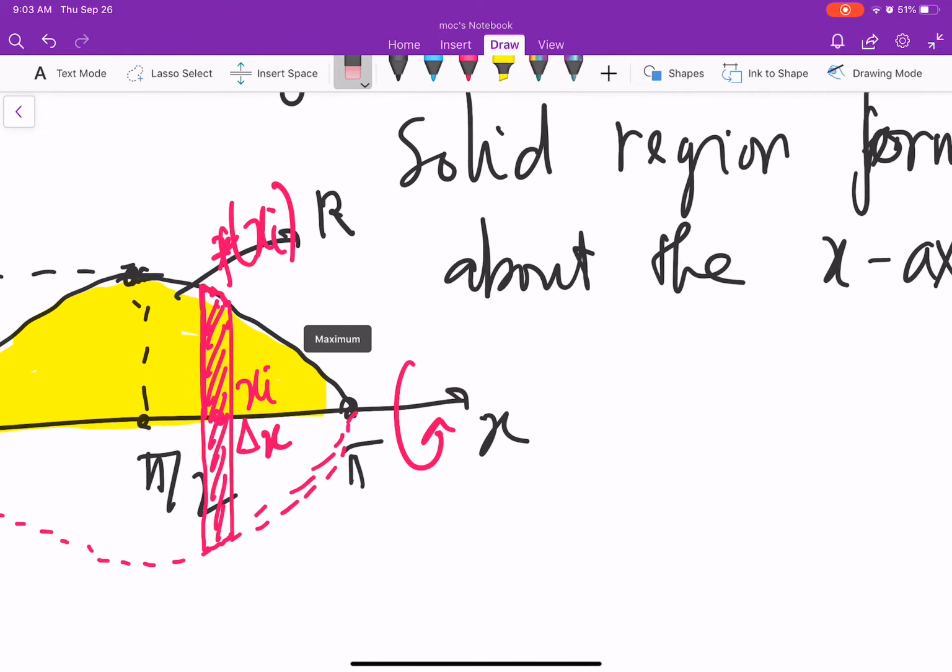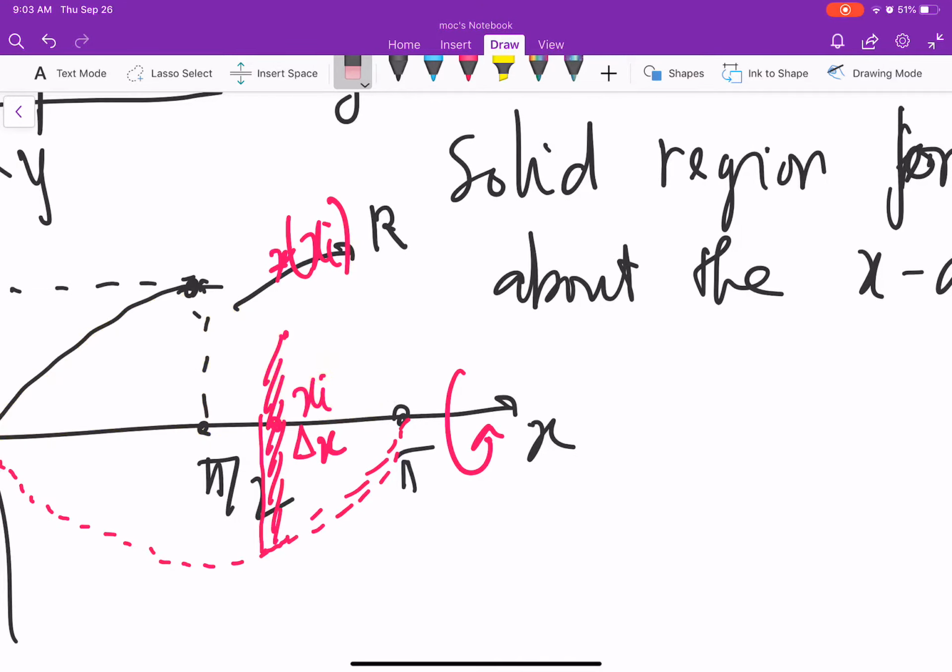For this small piece, I will approximate its volume by the volume of some disk. So I have something like this, some disk like this. Basically, I will have the following disk in another interval. So you can imagine the disk, right?